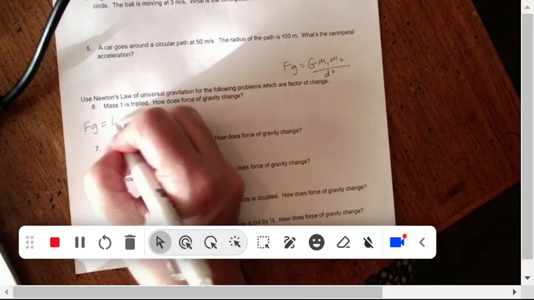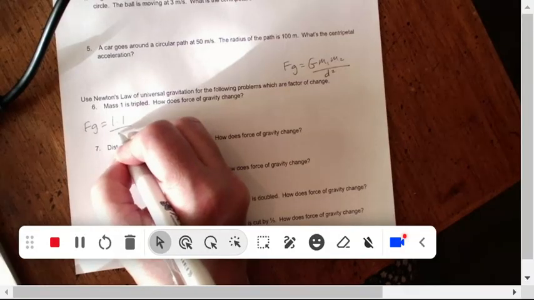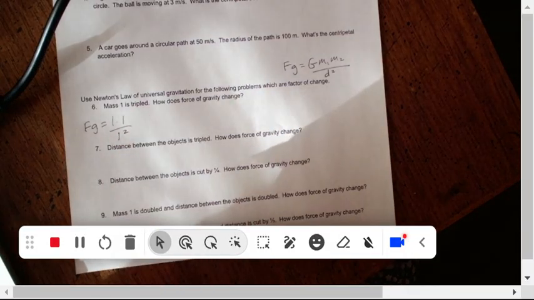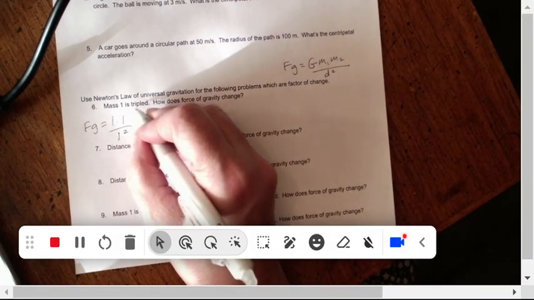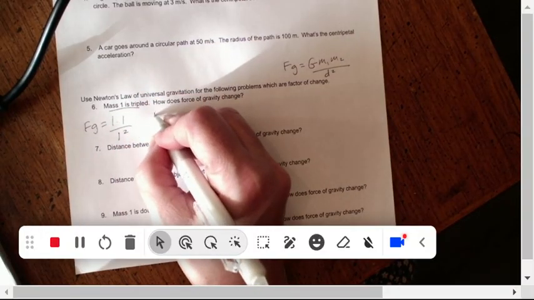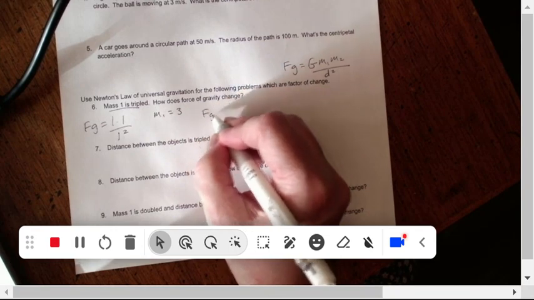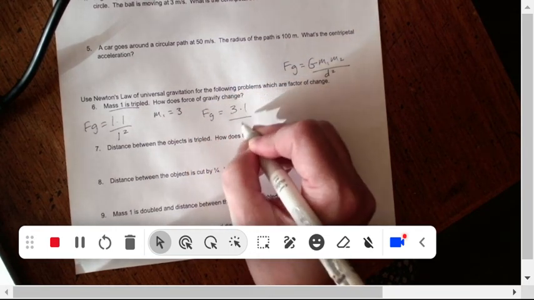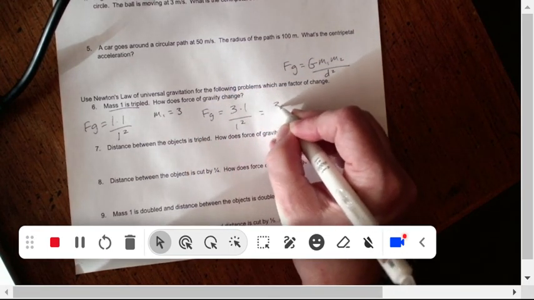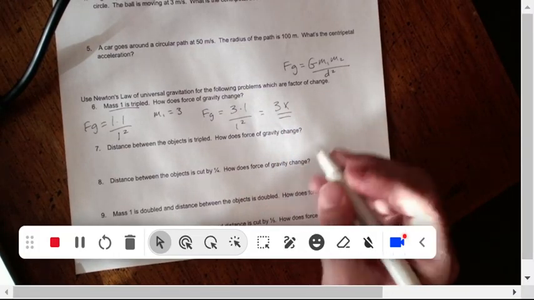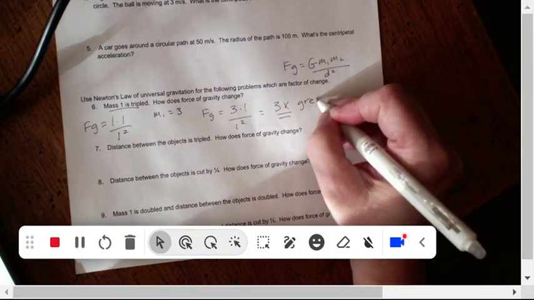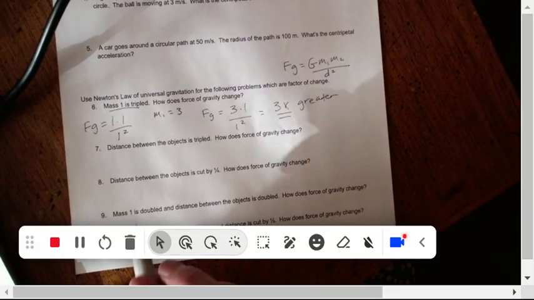So I have mass 1 times mass 2 divided by distance squared. And then I'm going to triple mass 1. So now my force of gravity is 3 times 1 divided by 1 squared. It's going to be 3 times greater if I triple one of the masses.